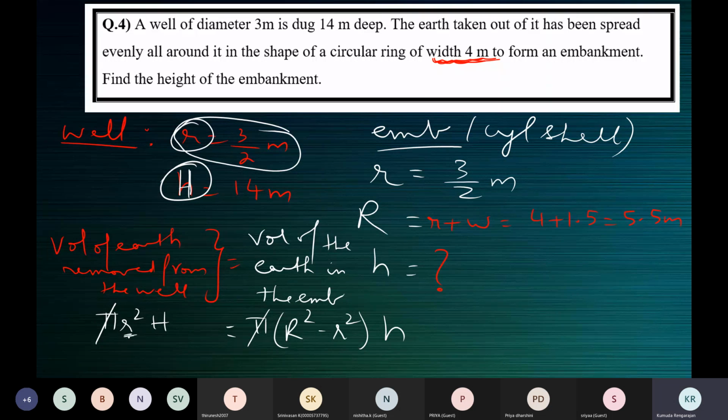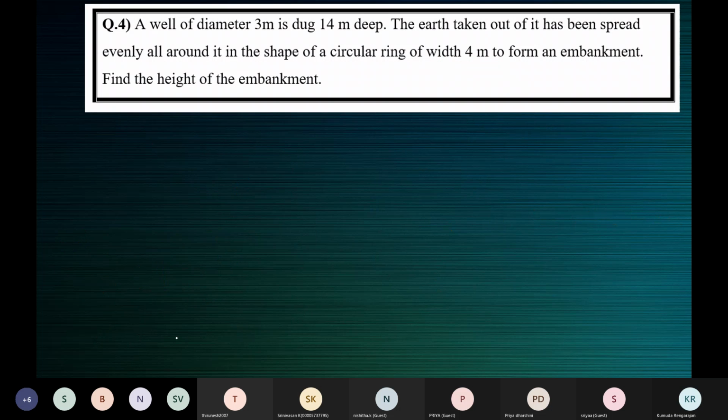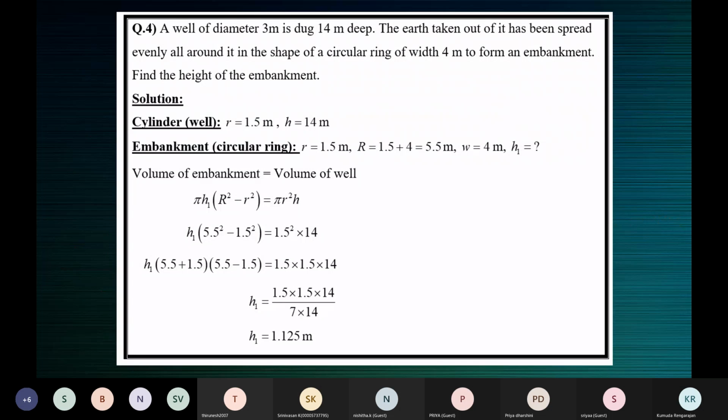Substitute the values. So this one is 3/2 or 1.5, and this one is 14. This one is 5.5. This one is 1.5 or 3/2. This is what we'll have to find, h. Yes, children, please write the answer.